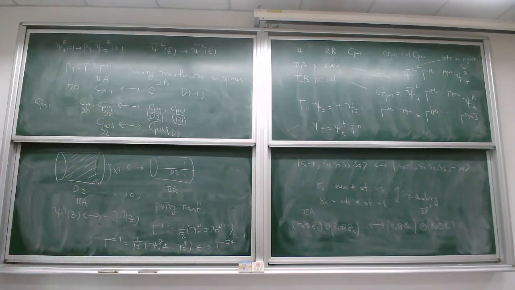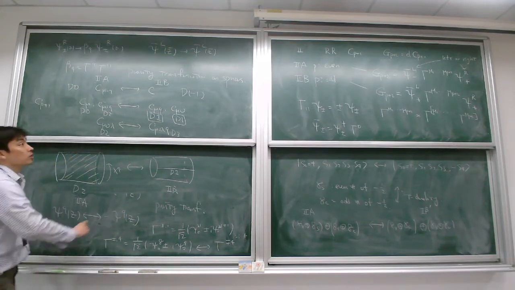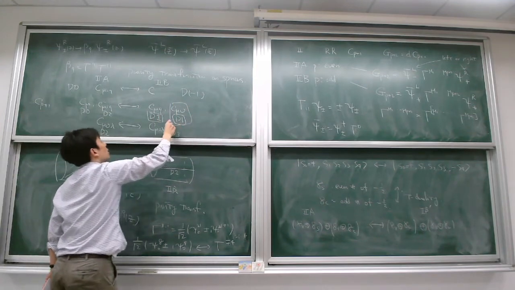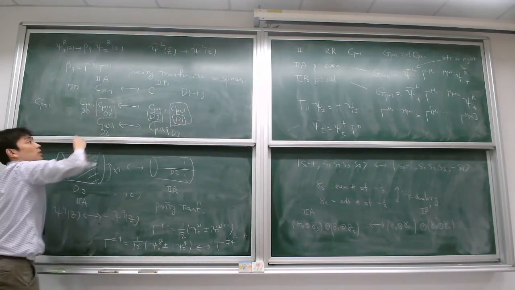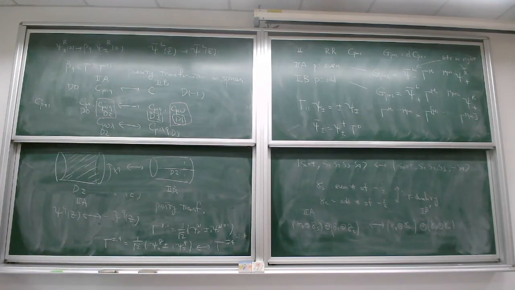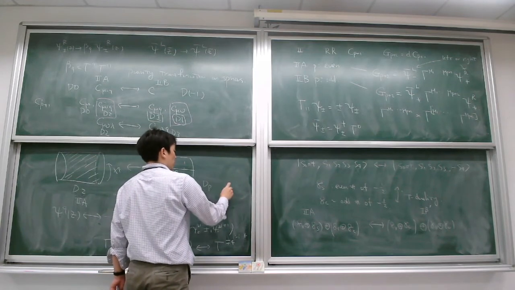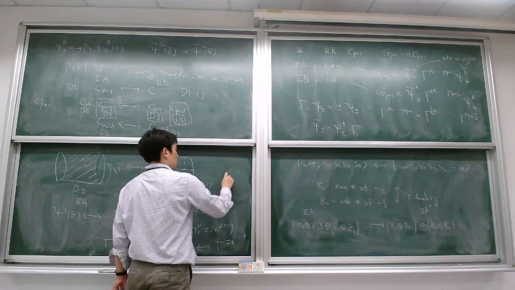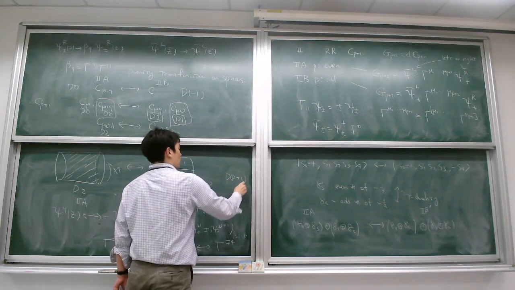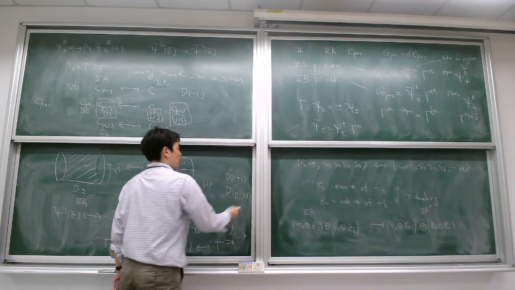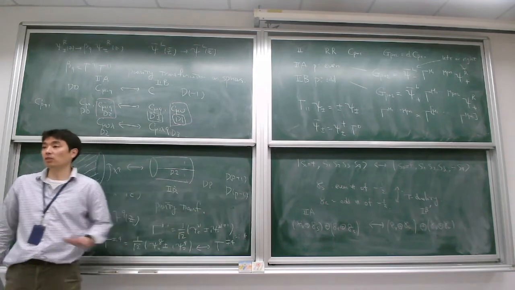Okay. So this one, I'm just looking at this part and this part. Okay. So in general, a DP brane becomes either DP plus 1 or DP minus 1, depending on whether the P direction spans the 9th or not.